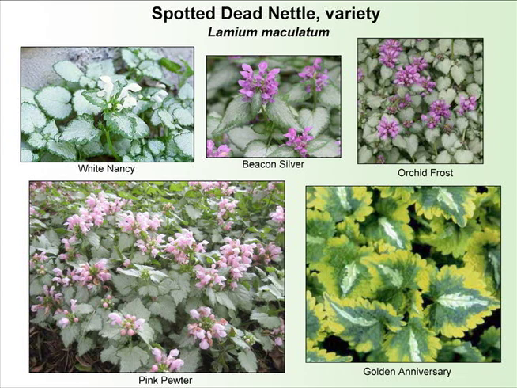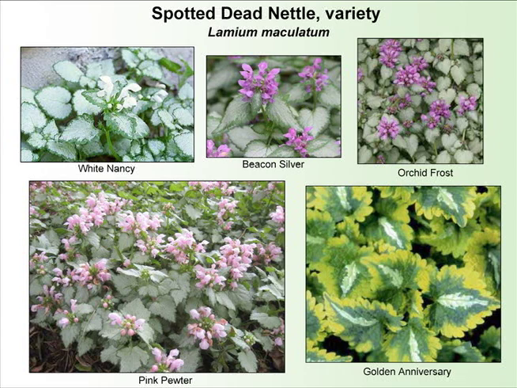Another good plant for those of you with dry shade. These are the spotted dead nettle. They only get about 6 to 8 inches tall, and they will grow pretty much in part shade to full shade. The flowers are pretty, but most people grow this plant again for its foliage. You can see golden anniversary down there with yellow, deep green, and silver all on one leaf.